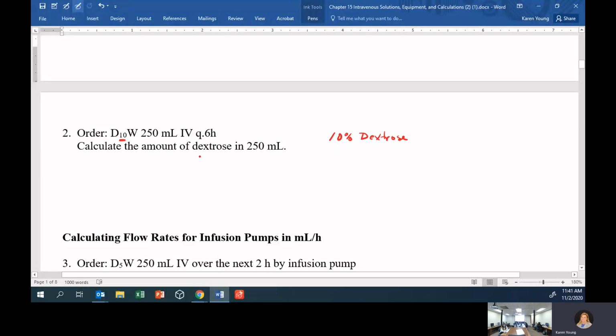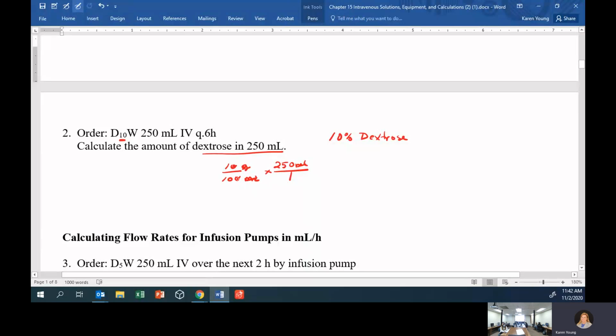Okay. So it says calculate the amount of dextrose in 250 milliliters. Since it's 10%, it's 10 grams over 100 milliliters, and then we're going to multiply it by the 250 milliliter bag. So cancel out my milliliters.